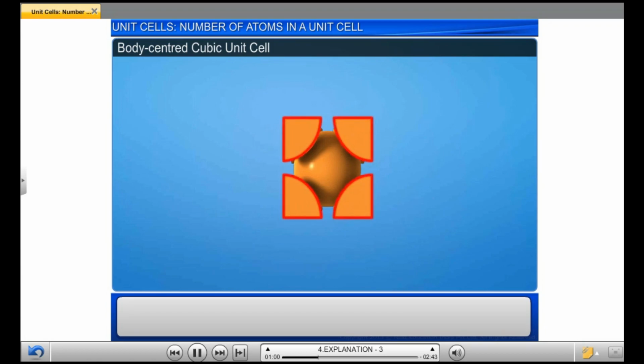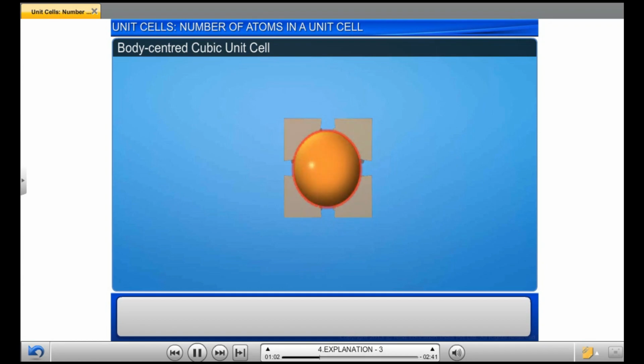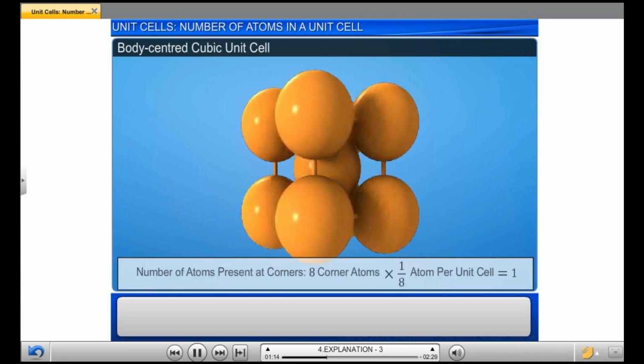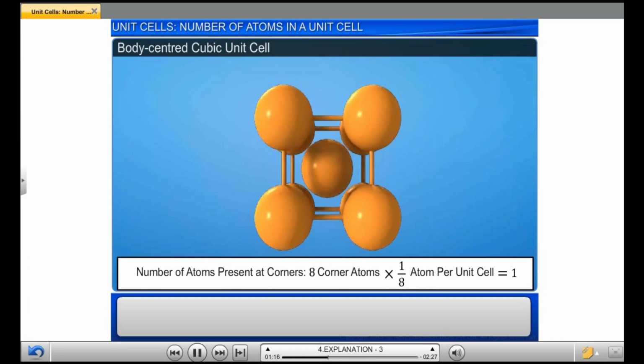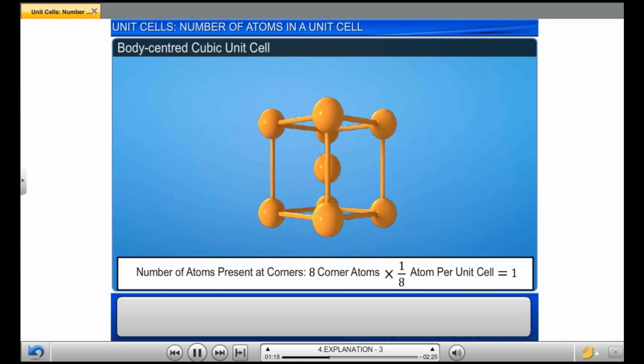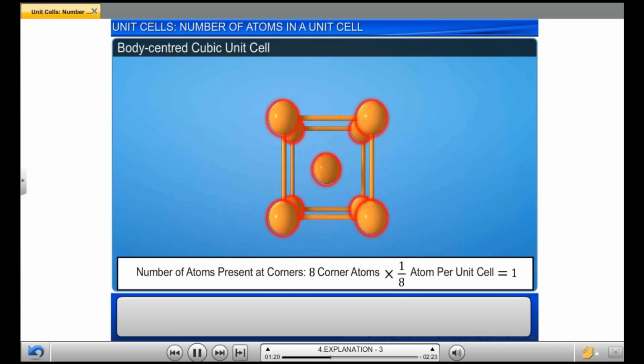In addition, one atom lies completely inside the cell. Therefore, the number of atoms at the corners per unit cell is equal to 8 corner atoms into 1/8 of an atom per unit cell, which is equal to 1.